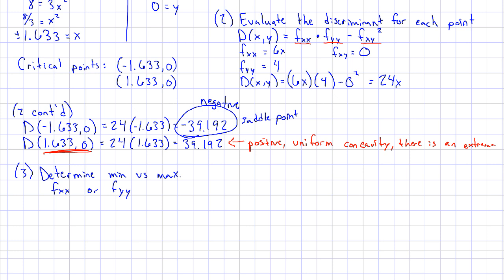It doesn't really matter, because no matter what direction I go in from this point, I know that the concavity is uniform. So it doesn't matter what direction I go in, my answer will be either positive or negative uniformly. So I usually pick the one that's easier to evaluate. And actually, f sub yy equals 4, so it's always positive.